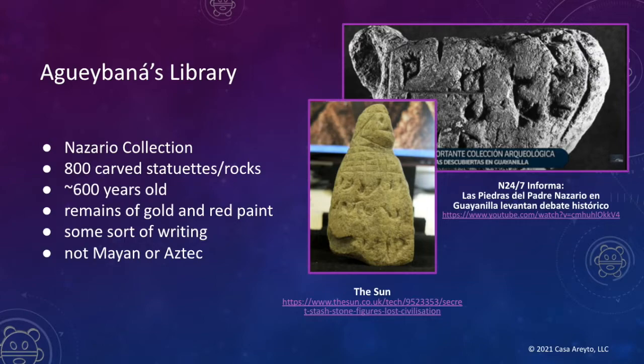Recently, scientists have dated these to about 600 years ago, and the lead scientists noticed that there is gold and red paint remains within the little carvings of this, what looks like a writing system. They cannot attribute this quote-unquote writing system to any other American civilization, such as the Aztec or the Mayans. It is very unique.